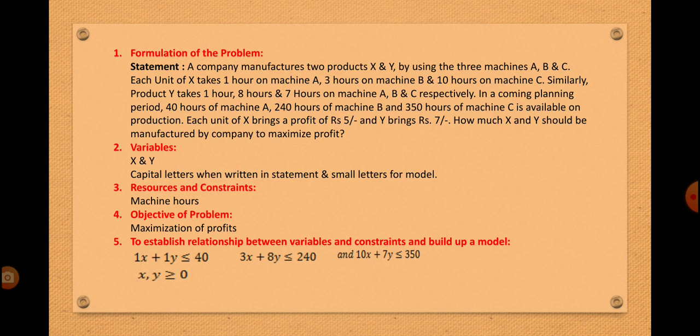Now, how to establish the relationship? Let us say that the company manufactures small x units of product X and small y units of product Y. Then, as 1 unit of x consumes 1 hour of machine A and 1 unit of y consumes 1 hour of machine A, we can write our first equation as 1x plus 1y, which must be less than or equal to 40 hours.